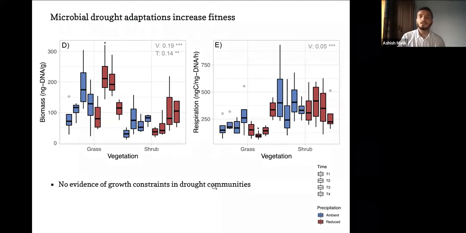So again, across the precipitation treatments, we did not see evidence of growth constraints.